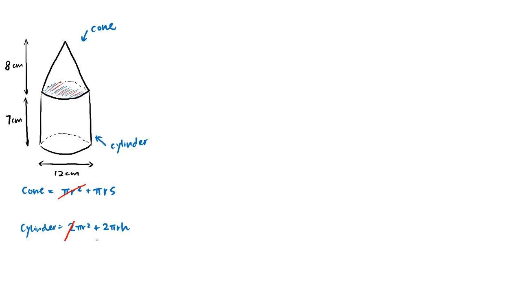Okay, so let's calculate again. The surface area of this composite solid equals pi rs, which is for the cone, without the pi r square, plus pi r square which belongs to this circle, plus 2 pi r h.